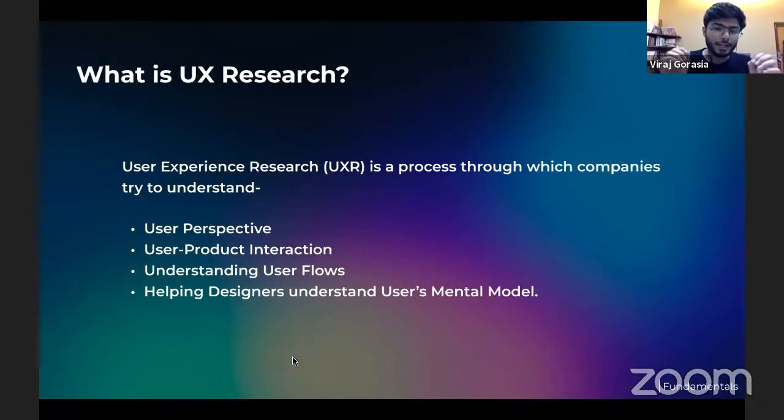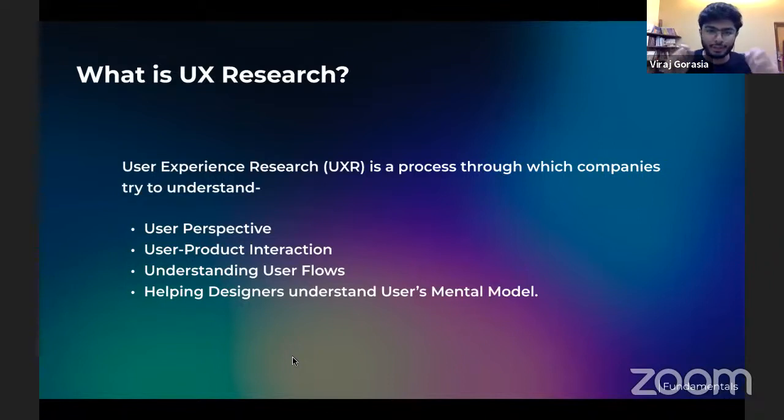Very important point, because designers, if you are making a product, you need to make it for the users, right? And for that, you need to understand who your user is, which is called the target audience. So let's take an example of Instagram. The major target audience of Instagram is people from the age group of 16 to 24.